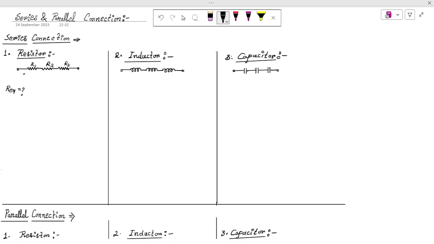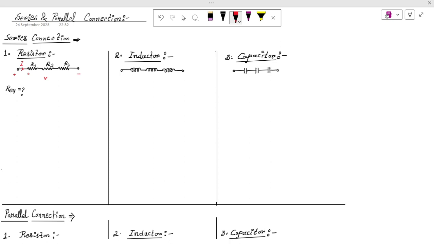Okay. So initially we consider these three resistances are connected to a supply, and this supply we consider like this is plus and this is minus, and the applied voltage is V. This is connected across this terminal. Here we consider a current, the common current as it is connected in series, flowing through this path.